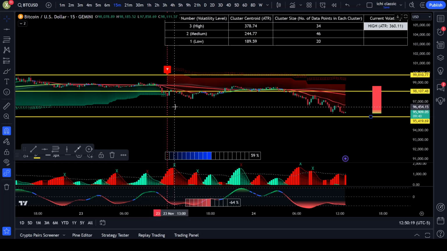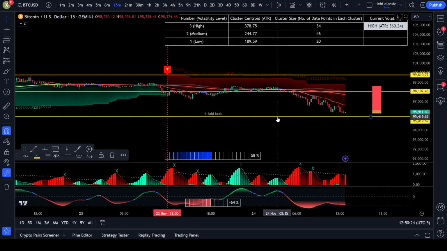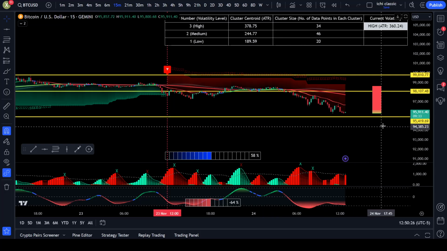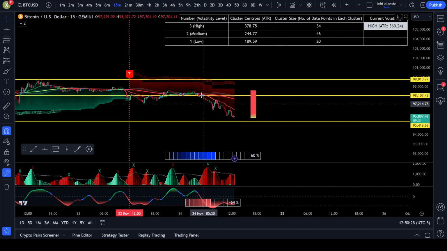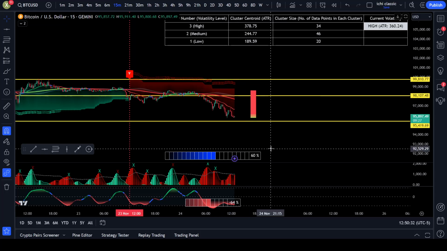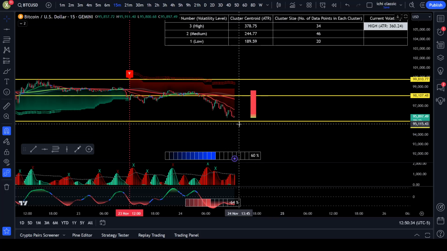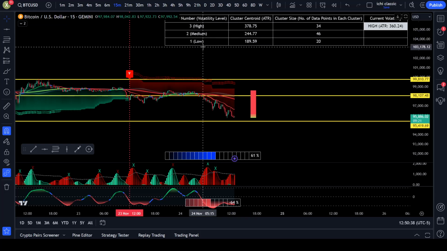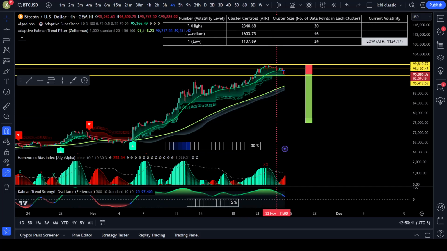So if this is 1, then this would be maybe this level here, right? So which means that definitely Bitcoin is dropping on 15 minutes. So let's go and look at Bitcoin at 4-hour chart.